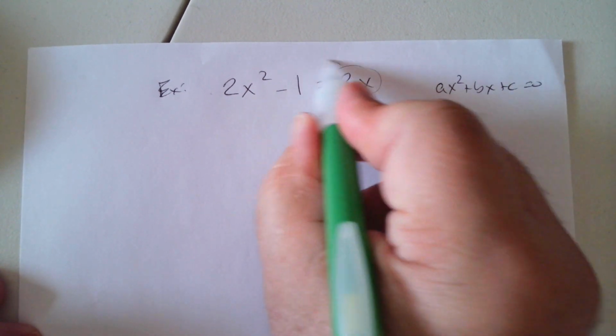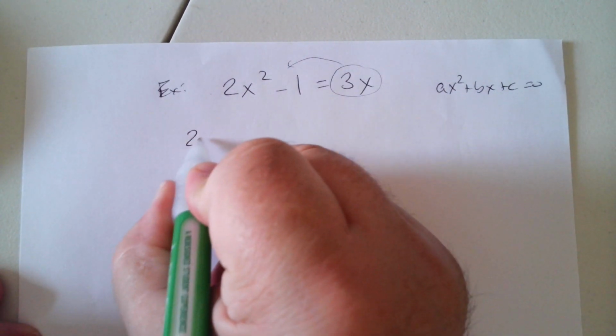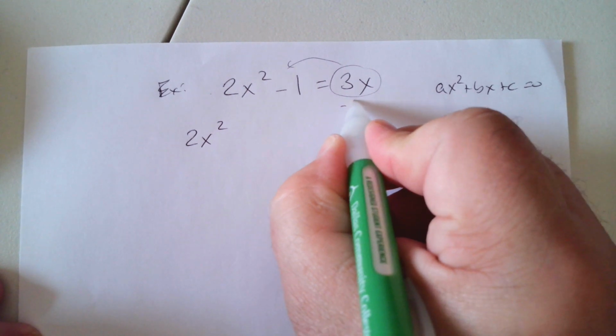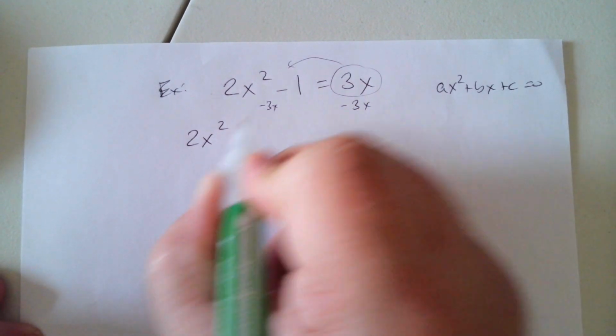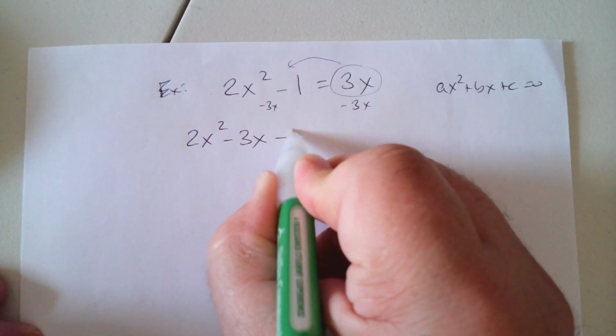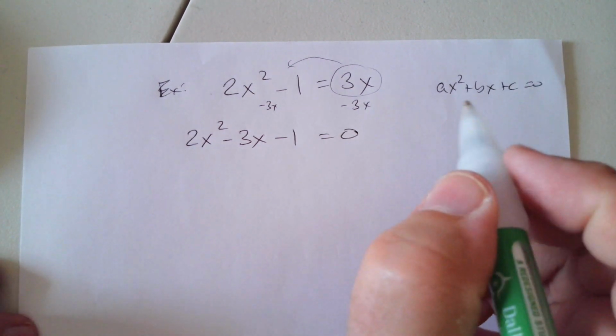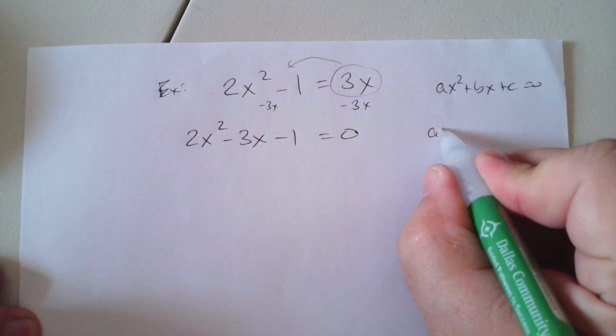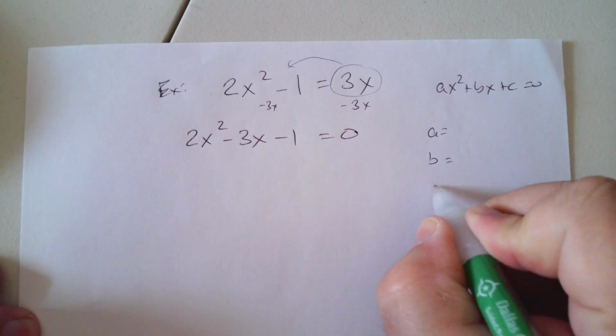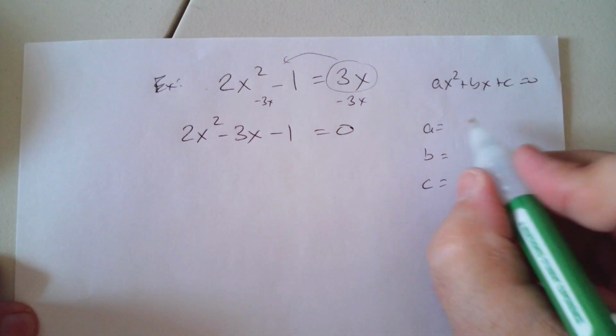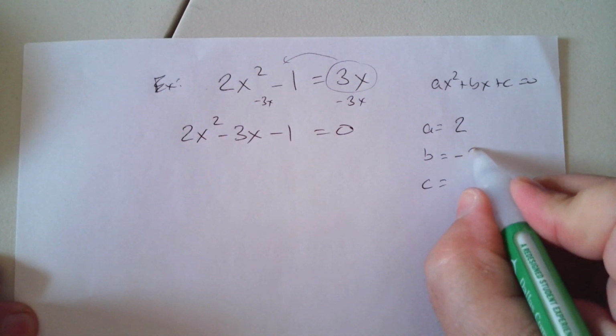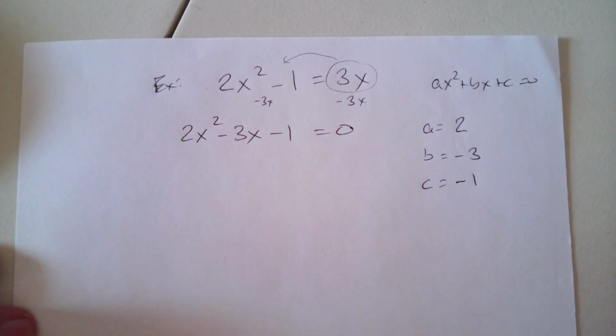So we have to move this. It has to be equal to 0. So I subtract 3x from both sides. Now I label A, B, C. A is 2, B is negative 3, C is negative 1.